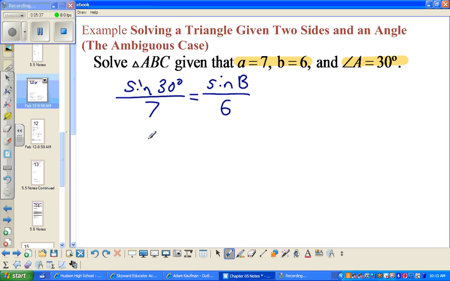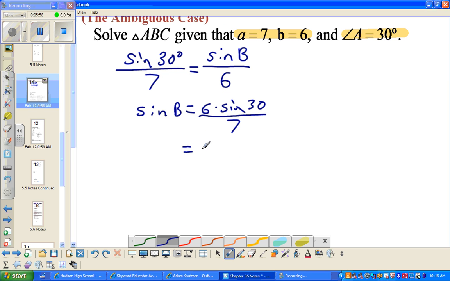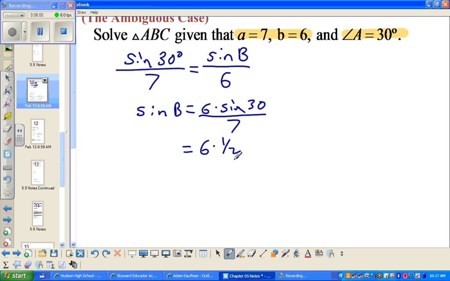Cross multiply, divide, do all that good stuff, and you get sine B would need to equal 6 times sine 30 over 7, which would equal 6 times 1/2 over 7, which would be 3/7 is what we're saying sine B is.